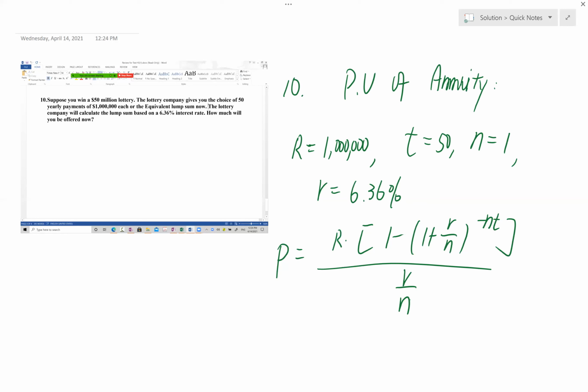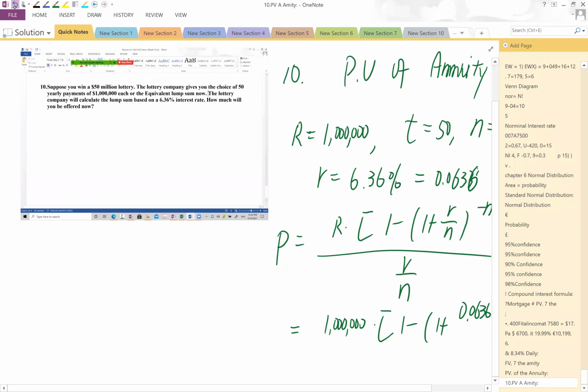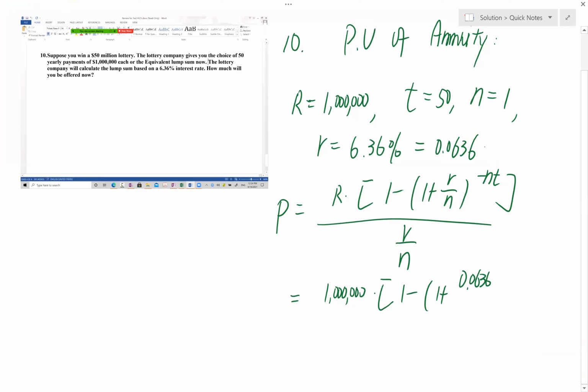Now one more time, we plug in the numbers. So a million times 1 minus 1 plus the rate, which is 0.0636. So again, we turn it into a decimal number. And dividing by 1, and then this is 1 times 50.